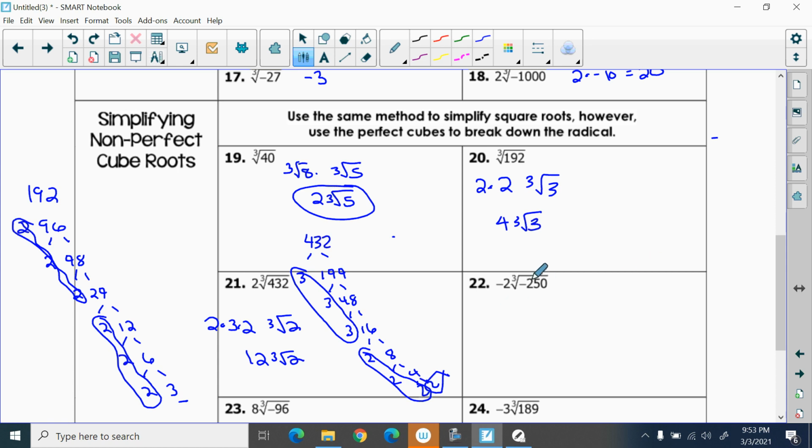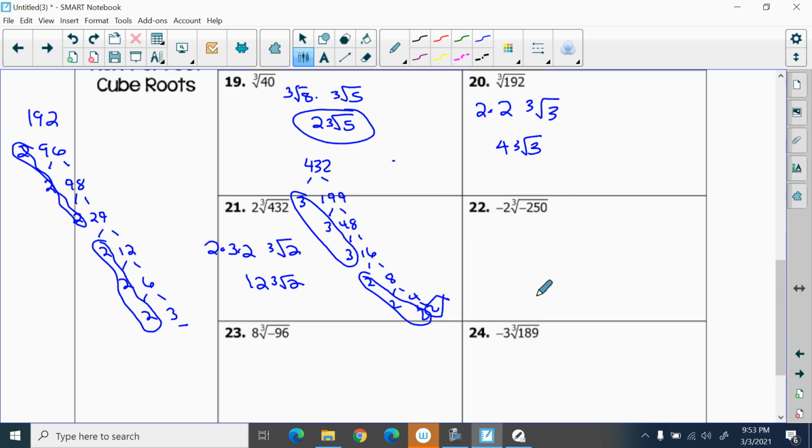All right. Now, do me a favor. Anytime you see a negative out in here, just bring out a -1. So that's equal to -1 times -2 times the cube root of 250. So that's 2 times the cube root of 250.